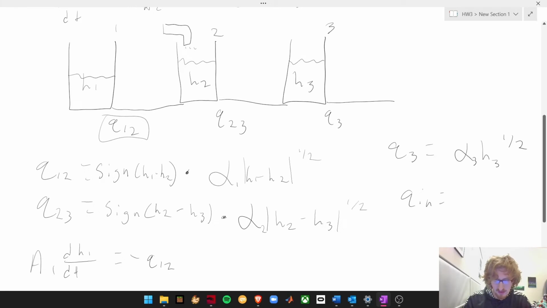And we have a certain point that we want our tank 3 to be at, and we'll just call it our H3 set. We might come up with a better name in the future for when we use it as a variable. But all we're going to be doing is using something called a proportional gain and multiplying that proportional gain by the difference between our set point and our actual height.